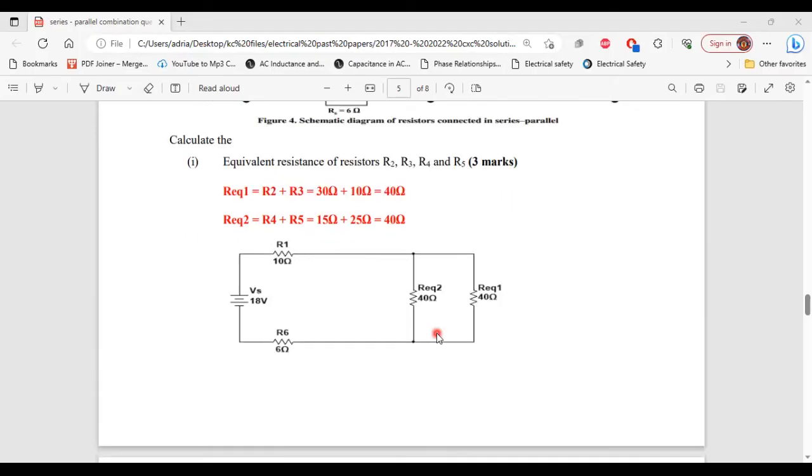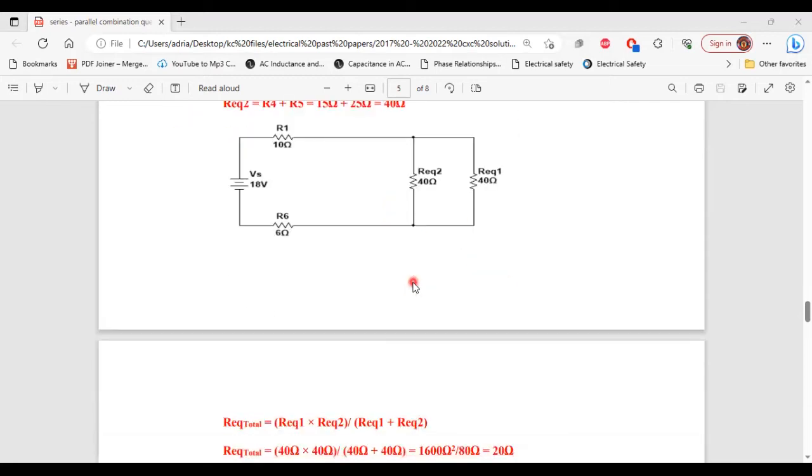So now we're going to calculate the equivalent resistance of REQ2 and REQ1. And we're going to call that equivalent resistor value REQ total. So seeing that these two resistors are in parallel, we're going to use the product over sum method.